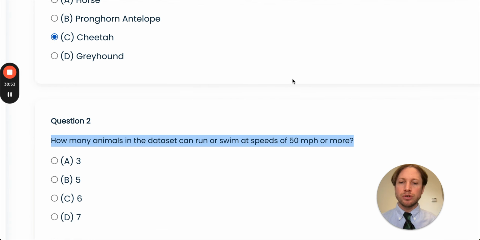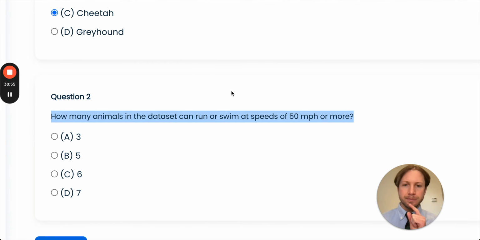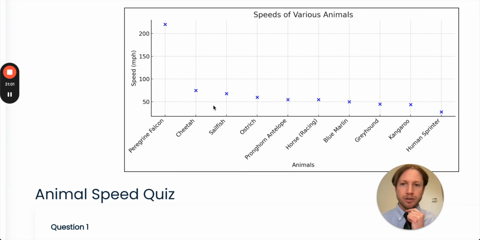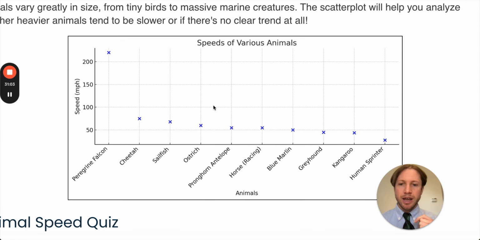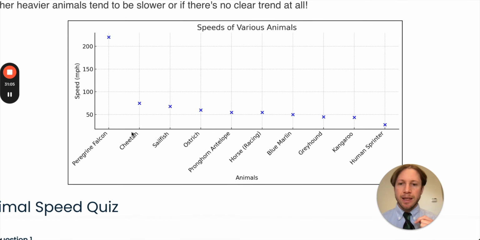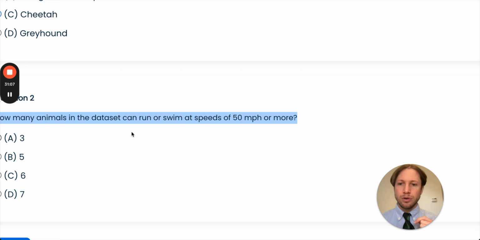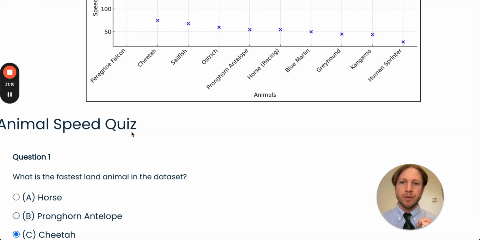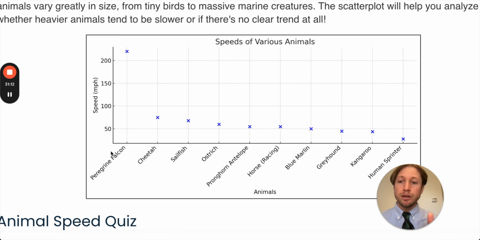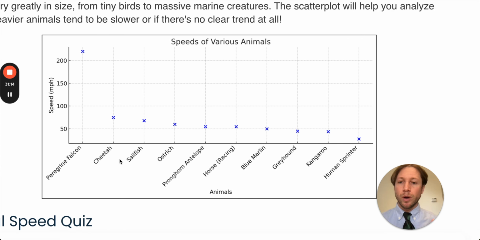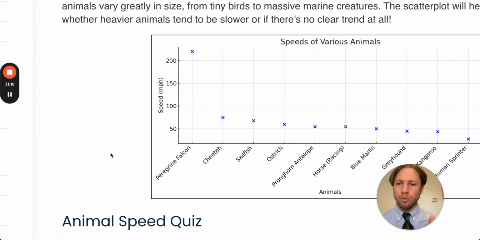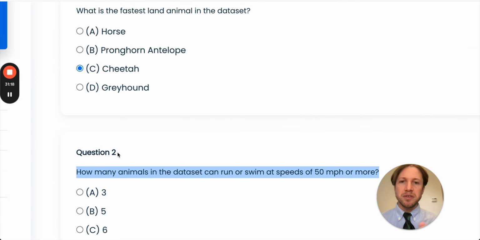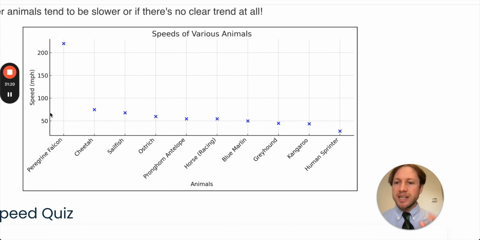Okay, run or swim. All right, so that will not include the falcon because the falcon flies. Run or swim, cheetah runs, and what is it again? It is over 50 miles an hour. Okay, good. So it needs to be over 50 miles an hour and must run or swim.